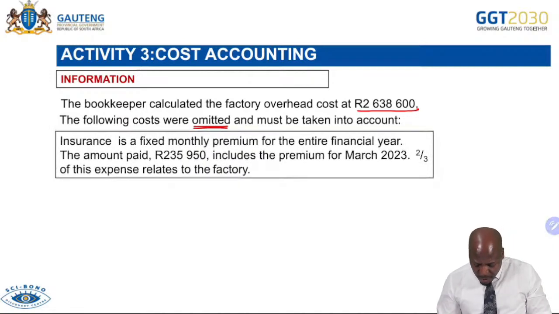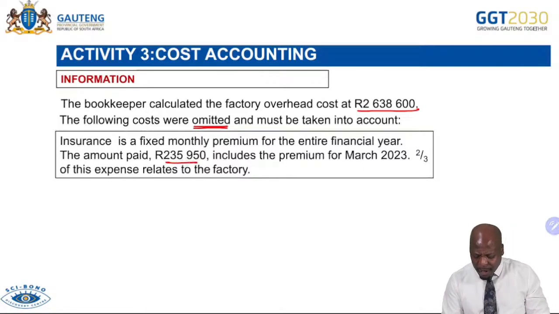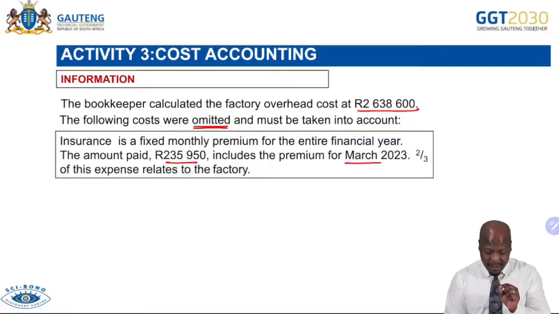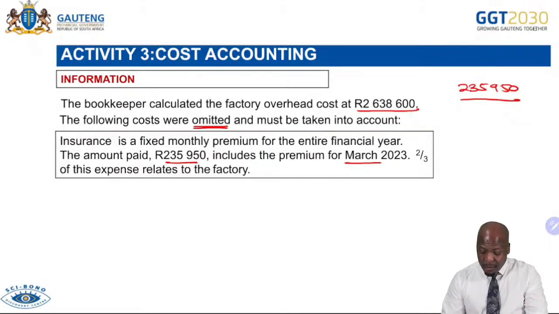All right, let's see what we are given here. Insurance is a fixed monthly premium for the entire financial year. The amount paid of 235,950 includes the premium for March. So what the examiner is telling us is that within the 235,950, this is for March as well. Remember, the financial year is ending in February. So we count February, then March.